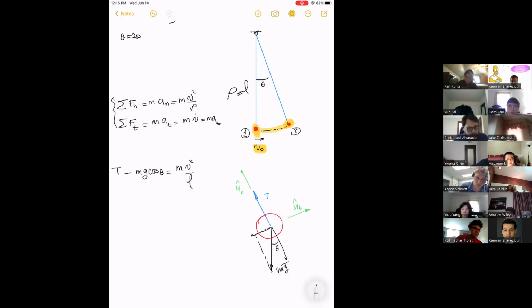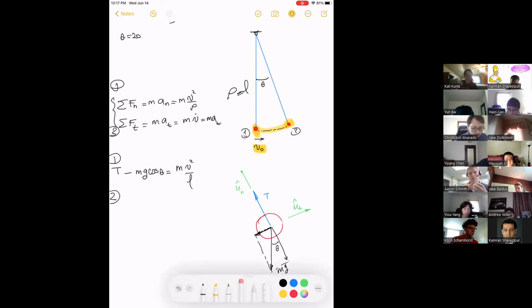Make sense? Okay. So let's say this is 1, this is 2, and I'm going to write 2. In tangential direction, as you see, we have this component, and it's negative because this is positive direction and this goes this way.